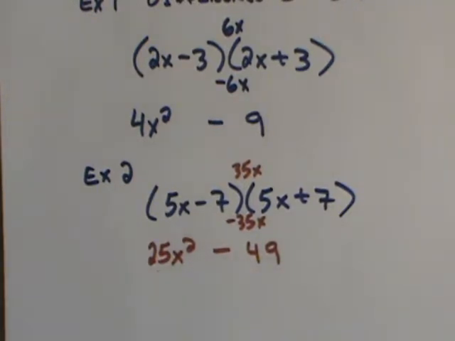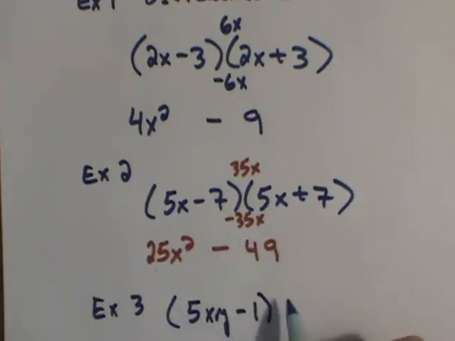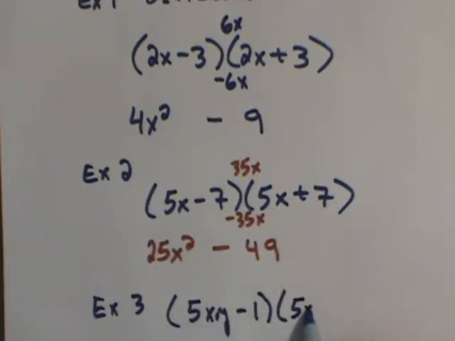We'll do example number 3. We'll try to mess you up a little bit. We'll say 5xy minus 1, 5xy plus 1. It doesn't matter if the plus comes first or second, just as long as you have one of each sign. When I multiply first with first, that produces 25.